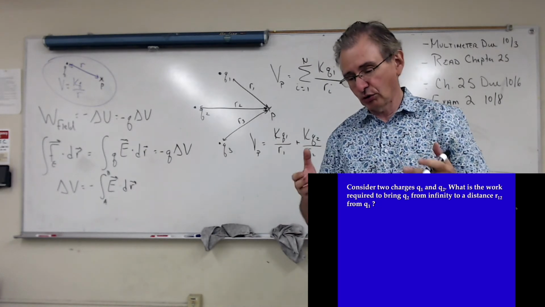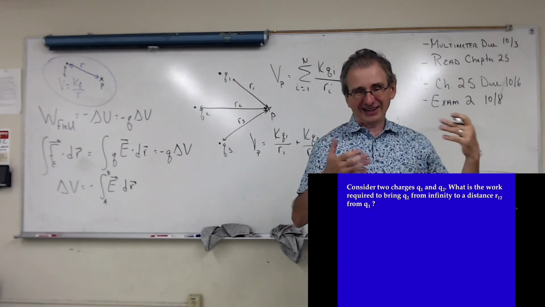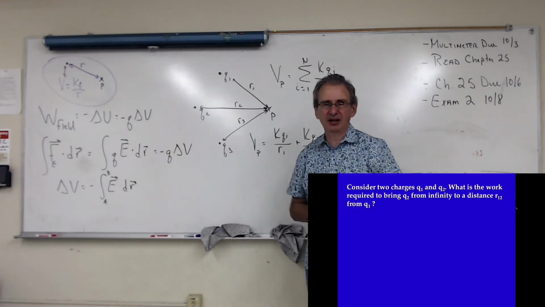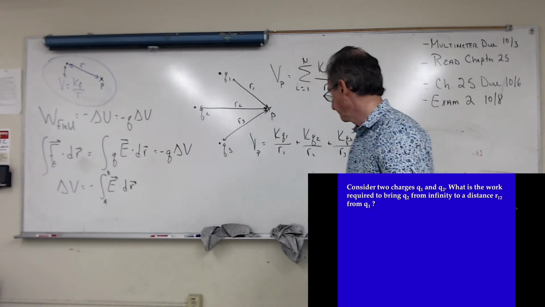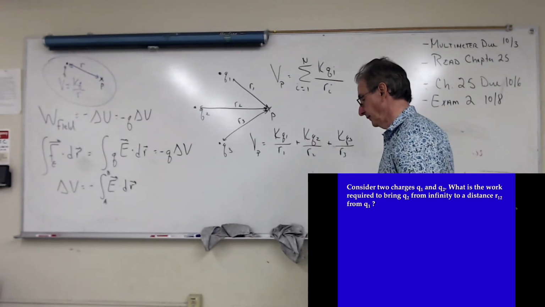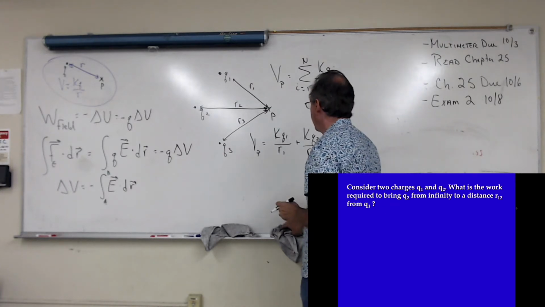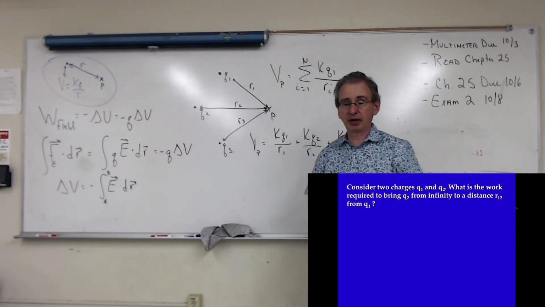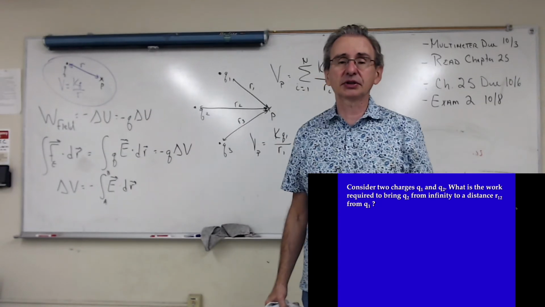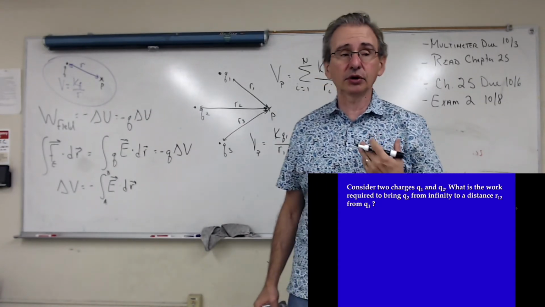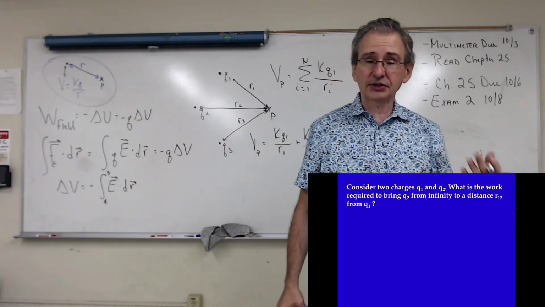I could take the Coulomb force and integrate it and get the electrical potential energy. But I don't want to do that. That's very involved. And I'm going to be doing this for discrete charges. Suppose I have two charges I put in space. How much energy does it take to assemble? How much work do I have to do to assemble that system of charges?